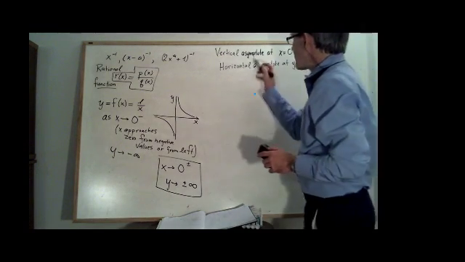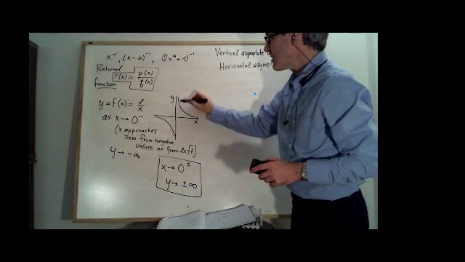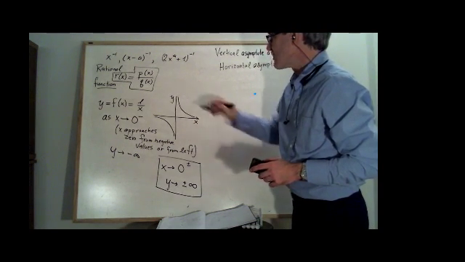An asymptote is a straight line to which the curve will tend to approach closer and closer, but never reach.